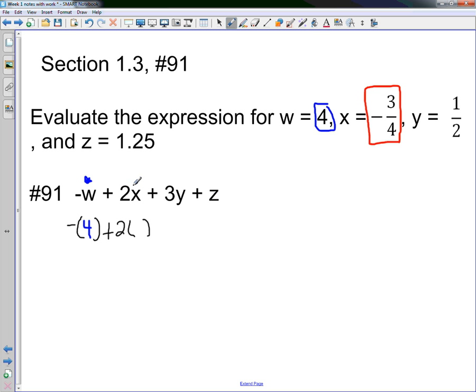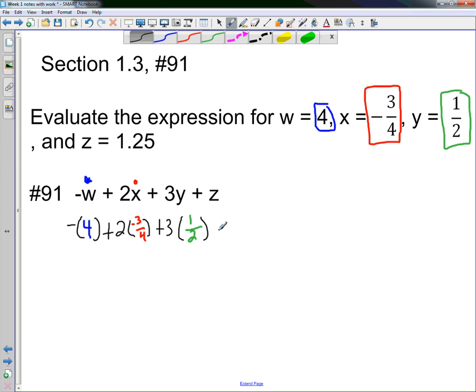So I'm plugging in negative 3/4. And we have plus 3 times my y value, which is 1/2. So we're taking 1/2 and plugging it in. Plus z, and my z value is 1.25.